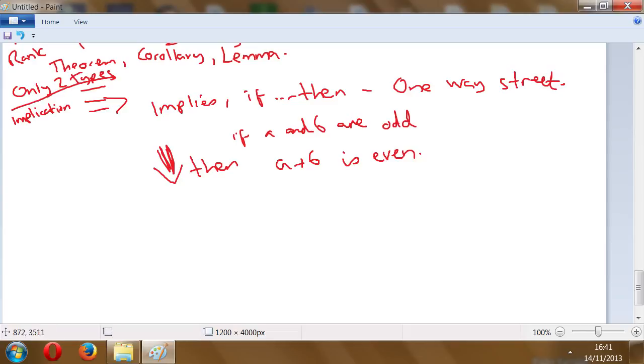So to be explicit about it, it doesn't go back. Because we say A plus B is even, we cannot go in the opposite direction.